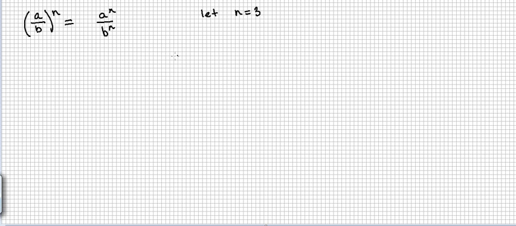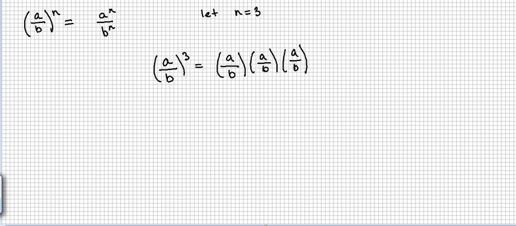We're going to have a over b to the 3rd. Well, that's the same as a over b times a over b times a over b. That's going to equal, remember, multiplication of fractions just goes across. So this will be a to the 3rd over b to the 3rd.